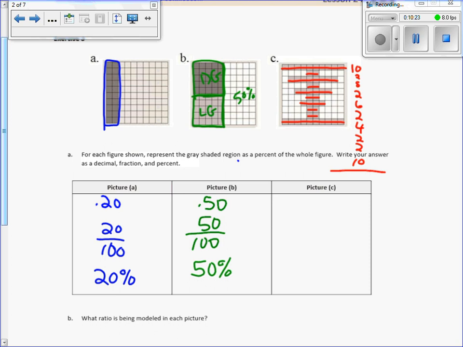So if I add those all up, 10, 12, 14, 18, 26, 28, 36, 38, and 10, and 48. 48 out of 100 squares are shaded. That is 48 100ths. That is 48 over 100. And that is 48%.